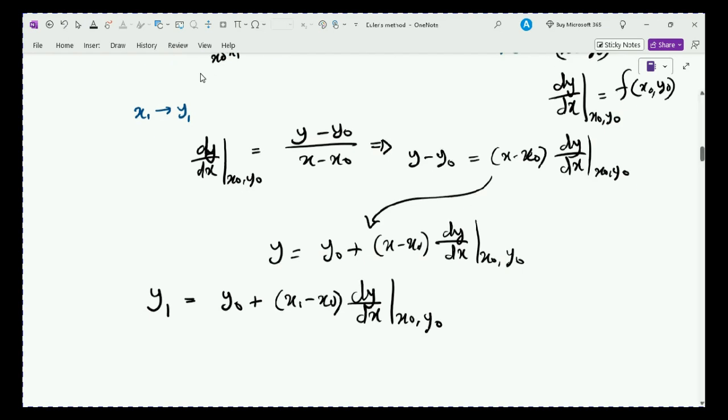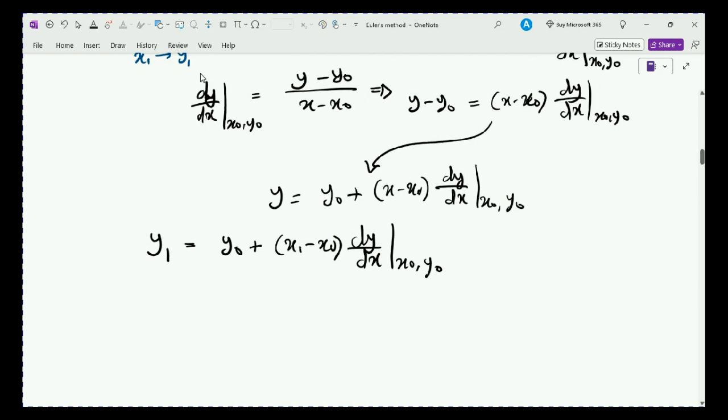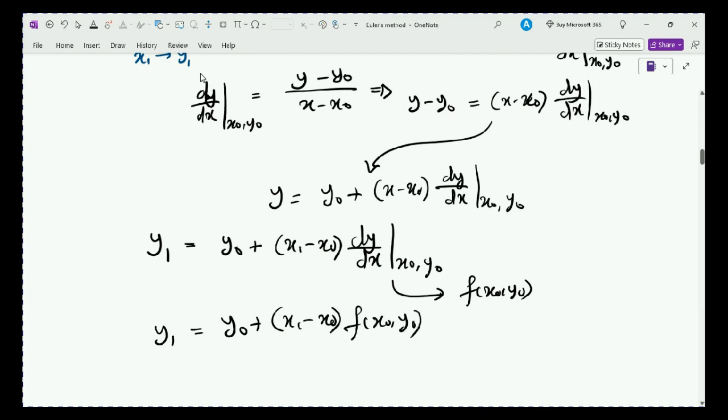Okay, so this dy by dx is basically f of x0 y0. So we can write this as y1 equal to y0 plus x1 minus x0 f of x0 y0.